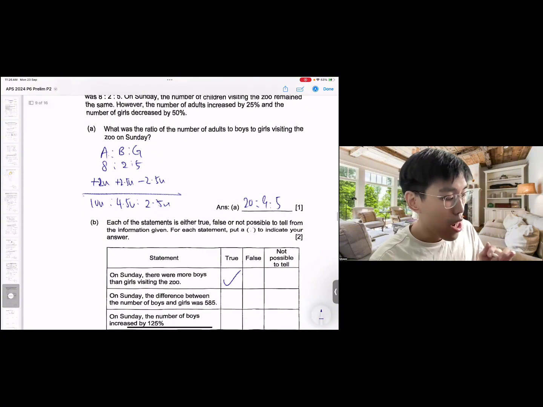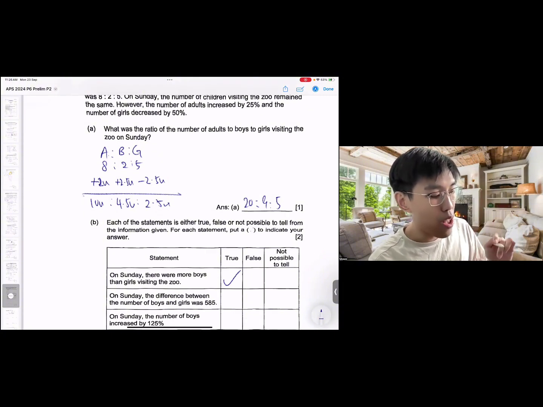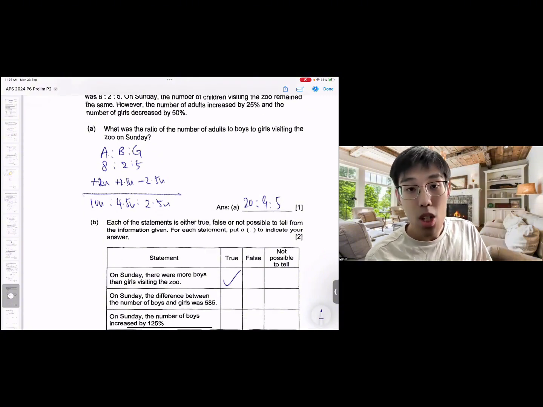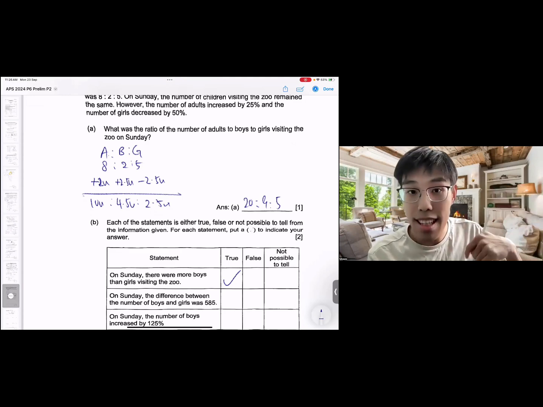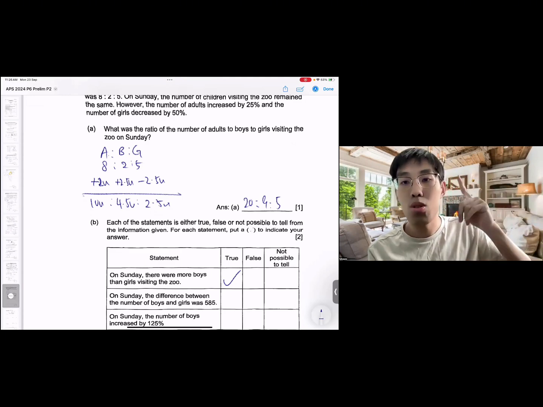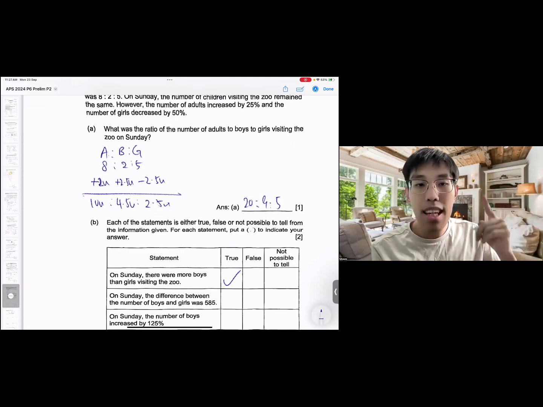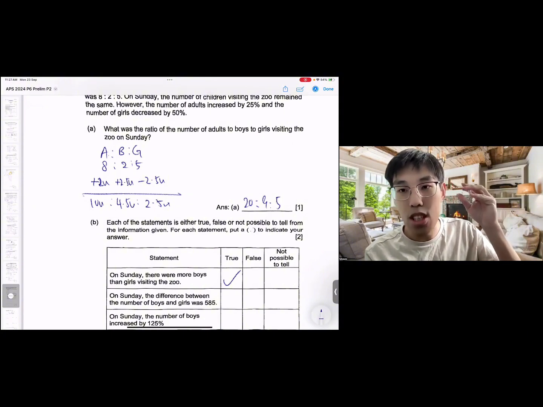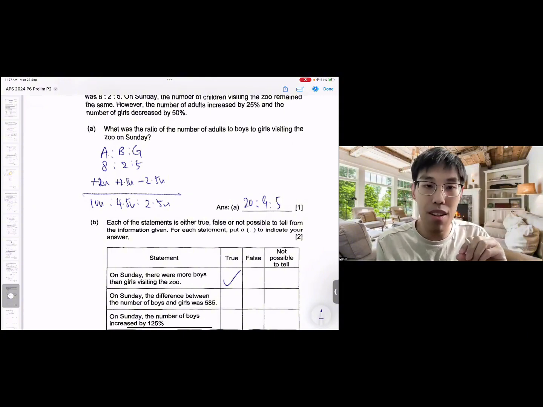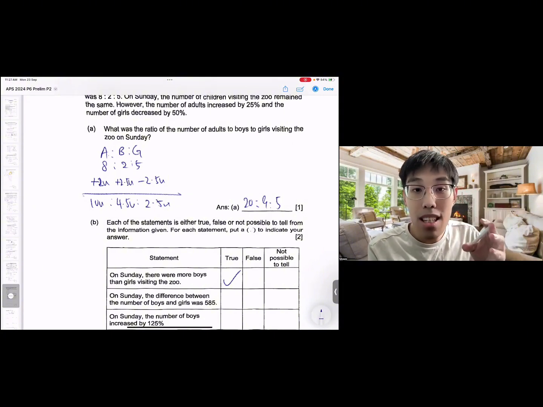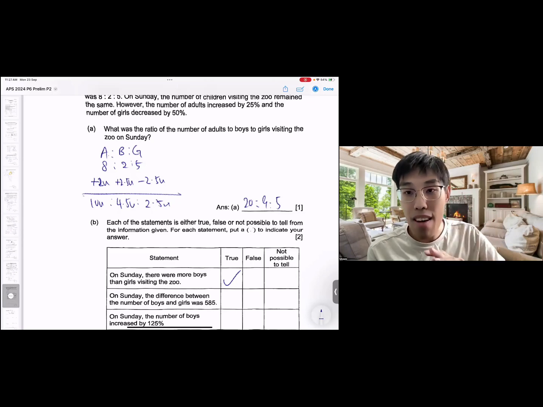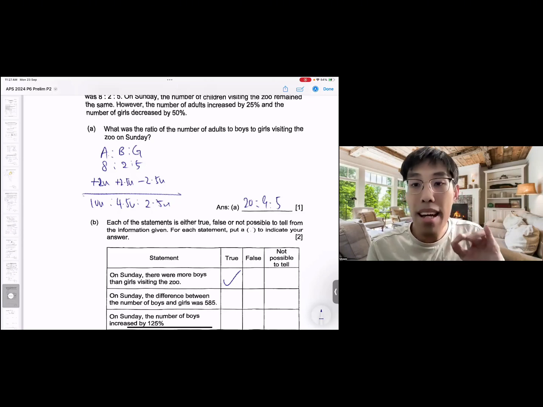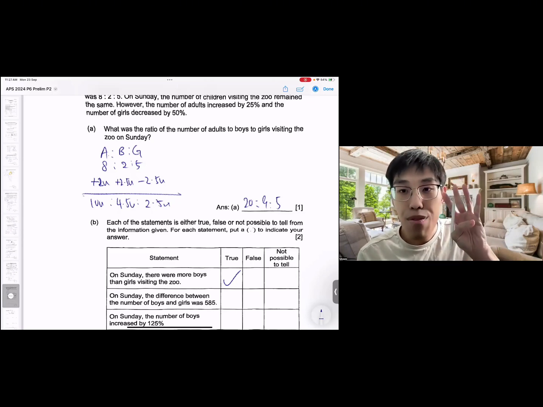You see, on Sunday, the ratio of boys to girls is 9 to 5. So in terms of units, it is 9 units for boys and 5 units for girls. How many units is the difference? 4 units.